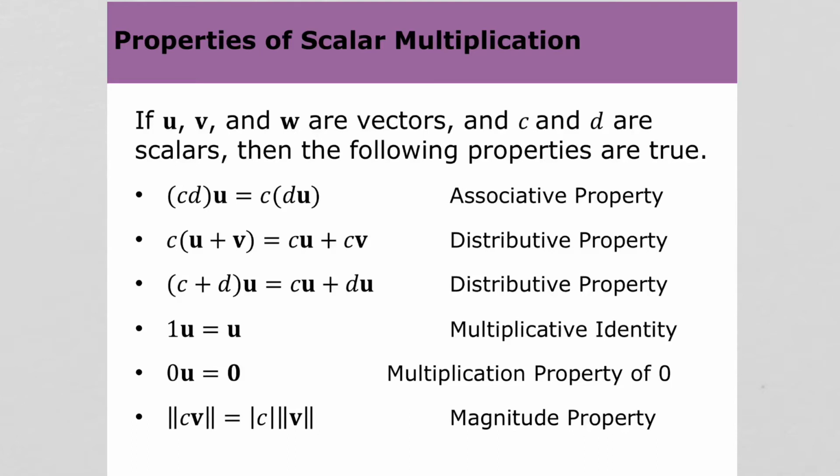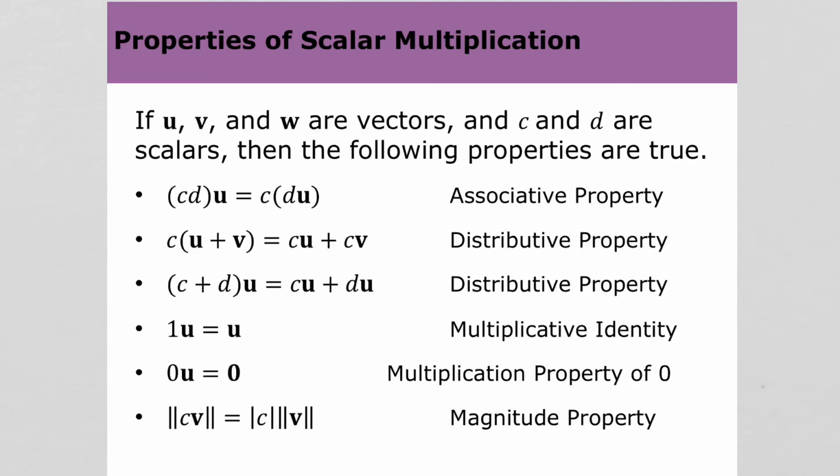For multiplication, the same properties apply as we've always had. If you take two scalars, c and d, and multiply them by u, then it's the same thing as taking d times u and then multiplying times c.